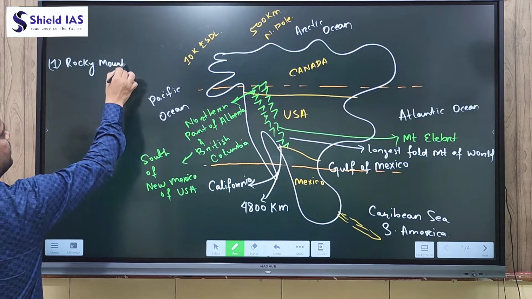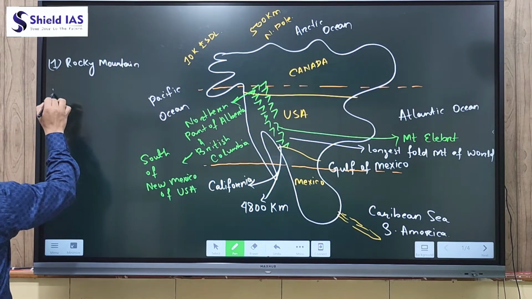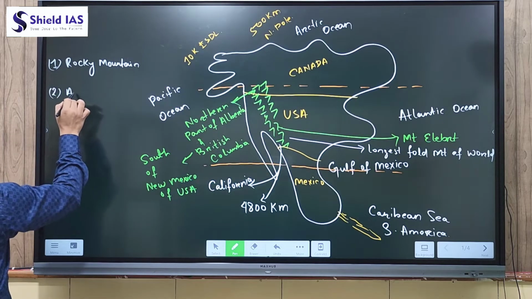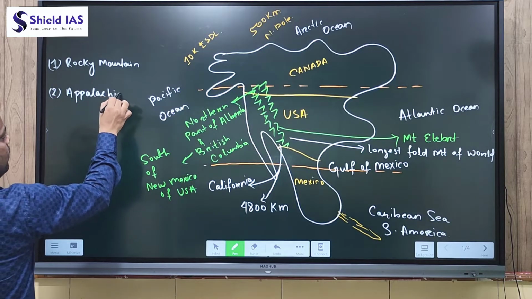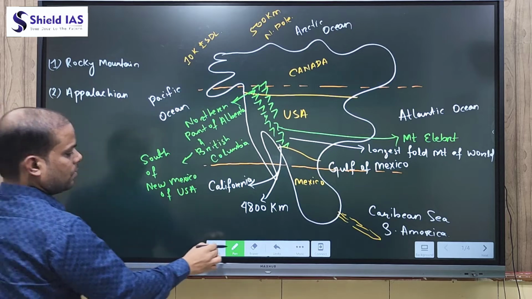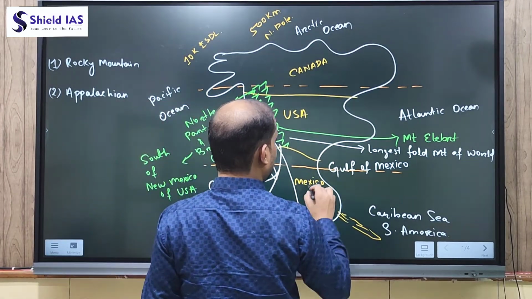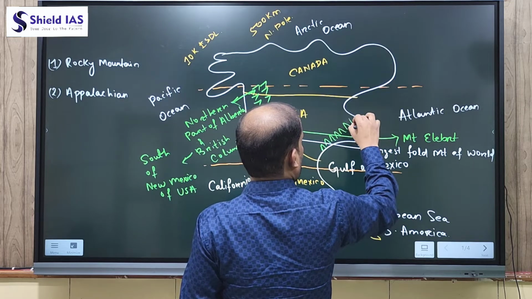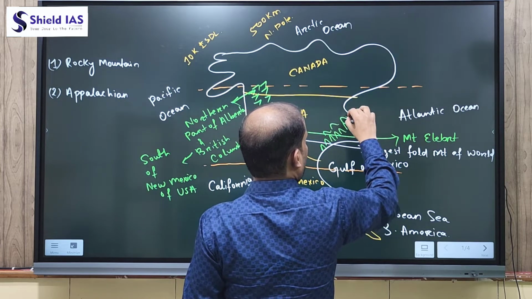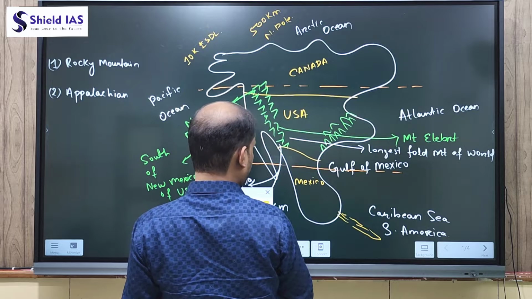The second mountain is the Appalachian Mountain. This mountain range is an old mountain chain.